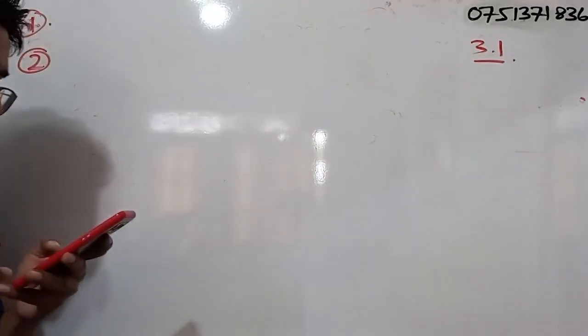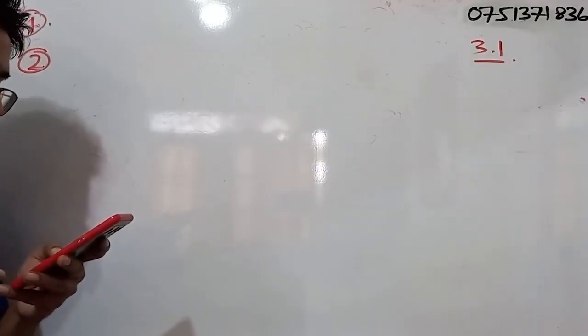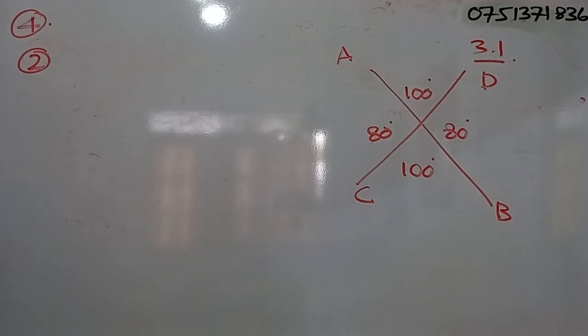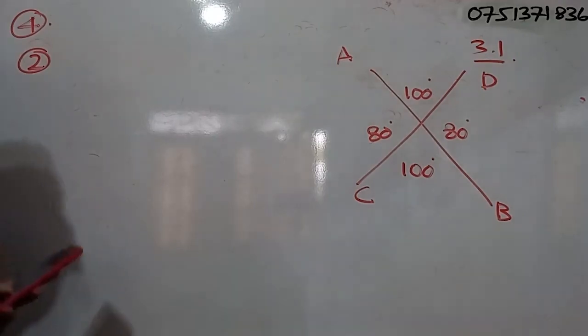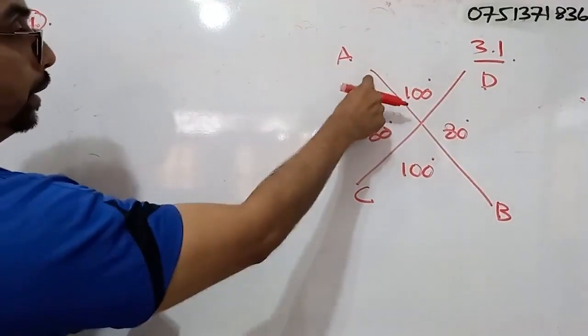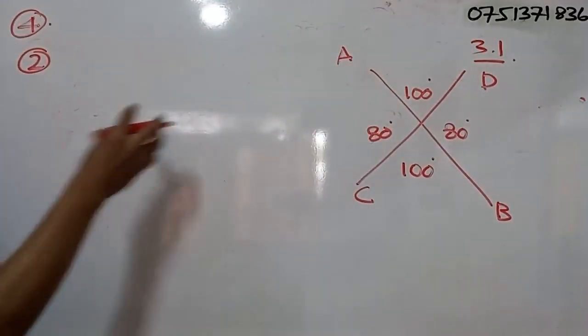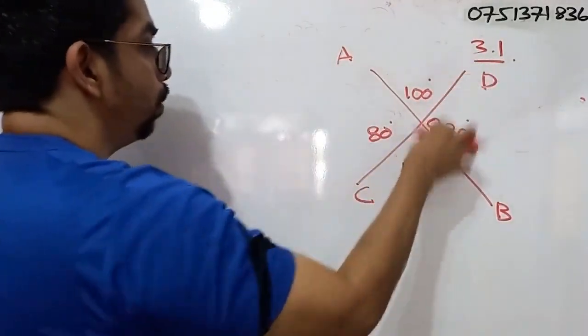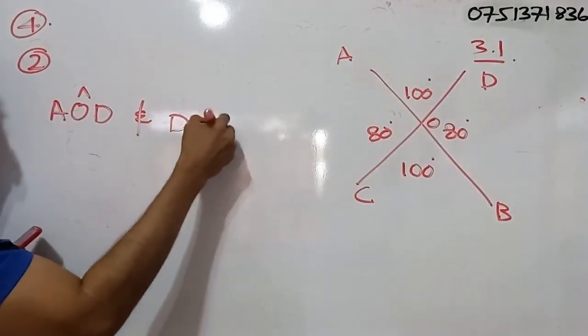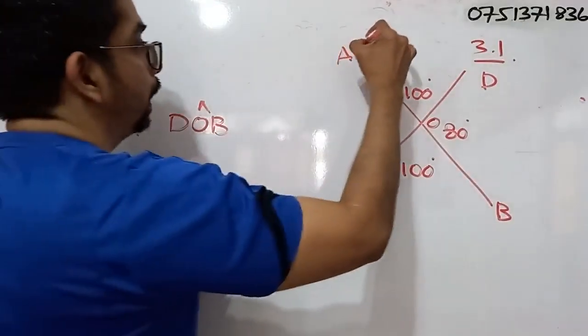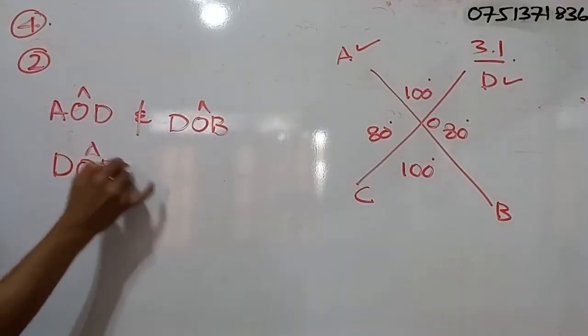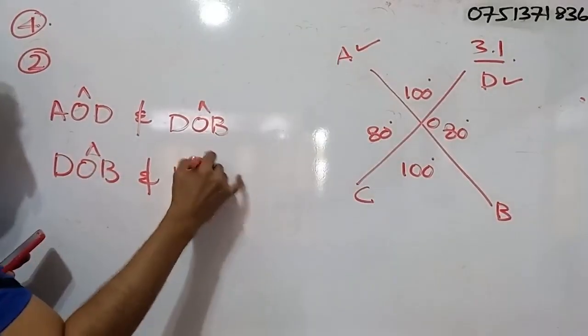Right, question number 4, part 2. The straight line segments AB and CD intersect at O. Write 4 pairs of supplementary angles in the figure. Let's start from here. AOD and DOB. Next, DOB angle and BOC angle.